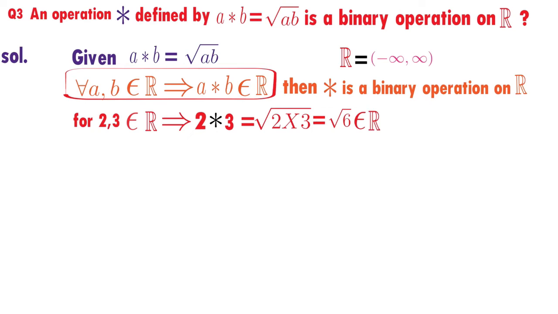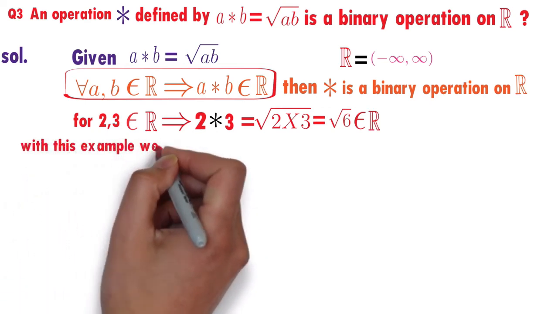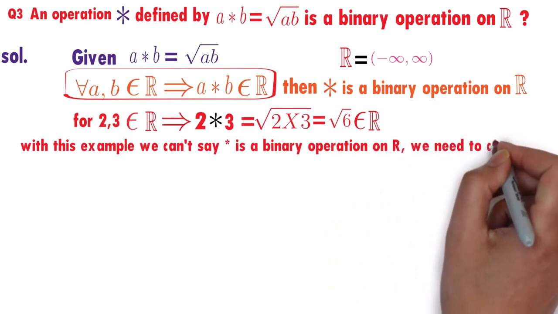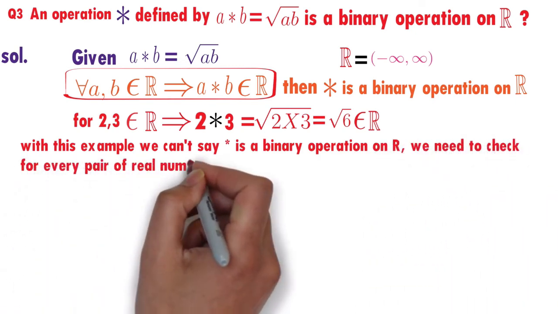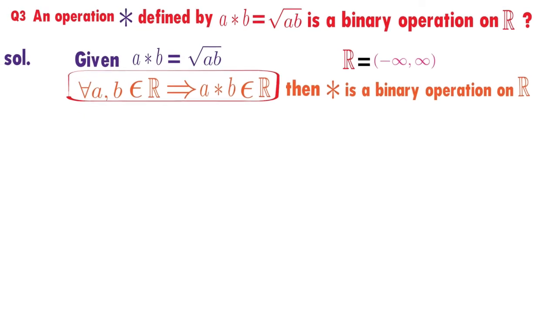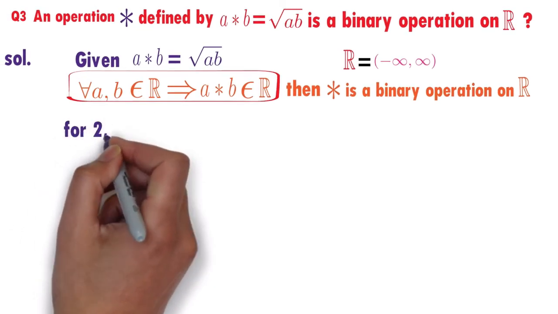Is root 6 a real number? Yes, root 6 is a real number. With this example, we cannot say star is a binary operation on real numbers. We need to check for every pair of real numbers. If you can find one example which does not satisfy the given condition, then we can say that star is not a binary operation on R.